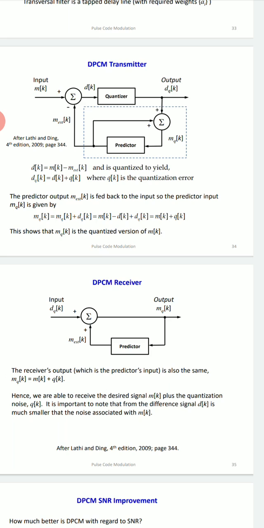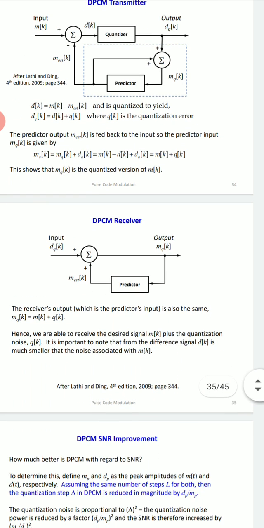The predicted output is fed back to the input. So the predictor input is mq[k] equal to m estimate[k] plus dq[k], which equals m[k] minus d[k] plus dq[k], which equals m[k] plus q[k]. So we get the quantized version mq[k] of the original sample m[k].